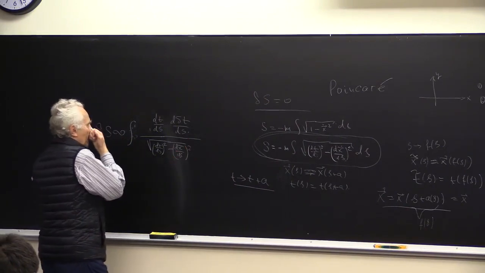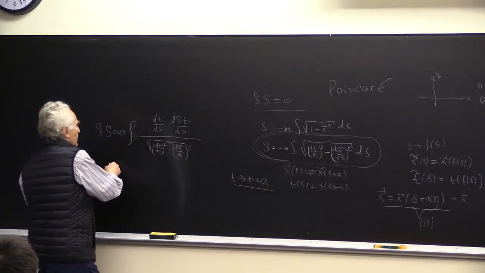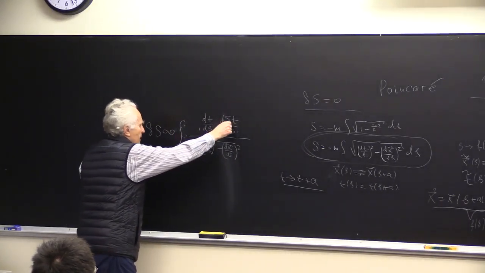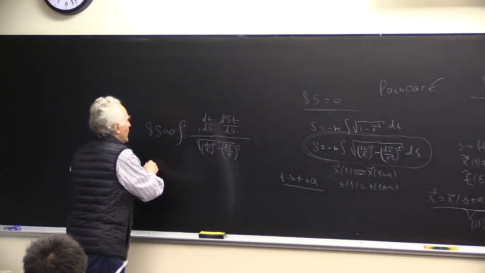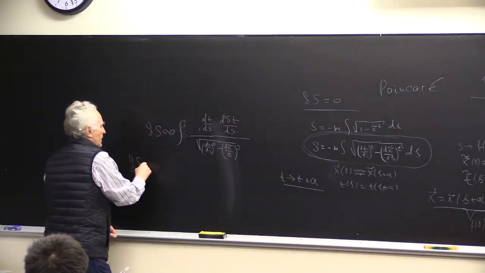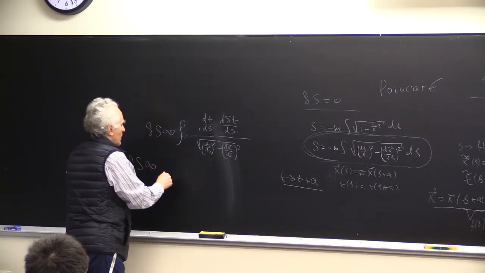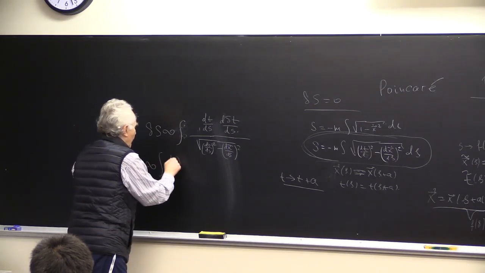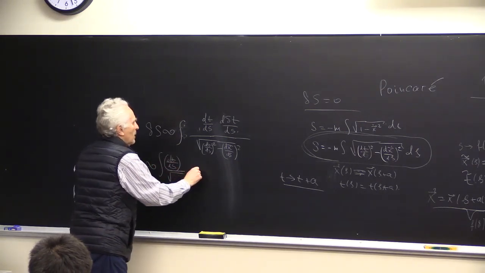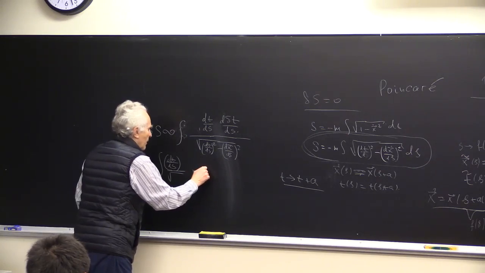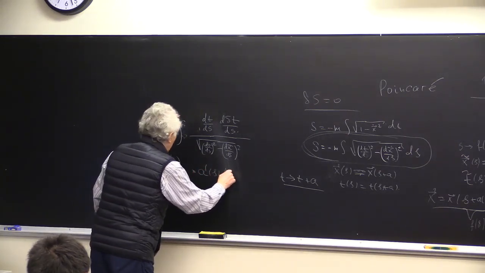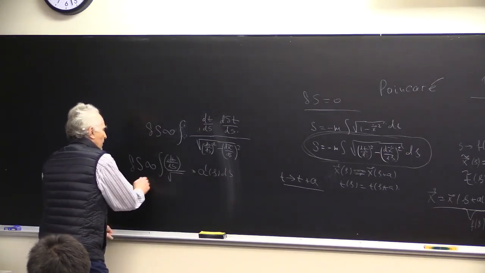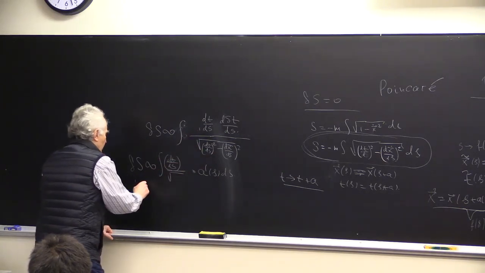Since delta t is this, we get the variation of the action, which is proportional to dt ds square root multiplied by a prime of s ds. And now we fix the gauge after we performed the variation.